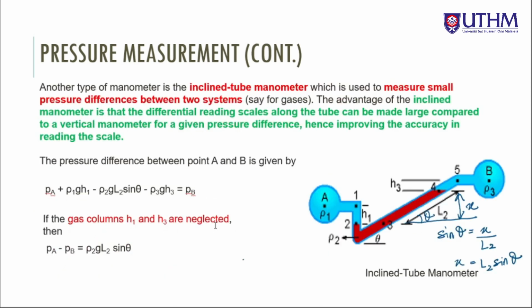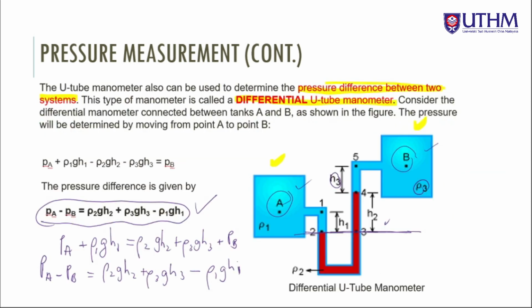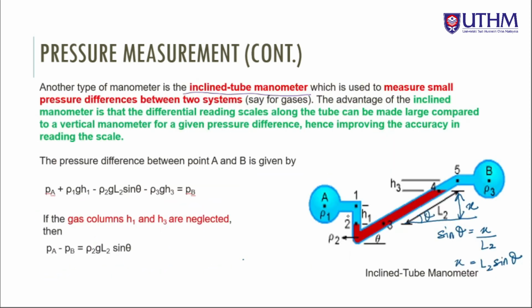And then lastly kita ada lagi satu device yang kita boleh guna untuk pressure measurement, which is the inclined tube manometer. Kalau kita tengok dia macam differential juga, cumanya both container is connected through an inclined tube. Okay, so in which dia punya advantage adalah dia boleh measure small pressure differences between two system.